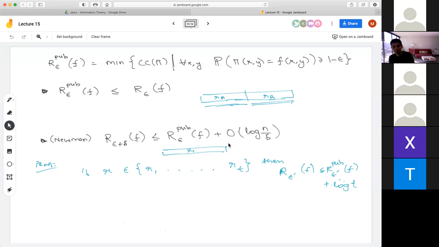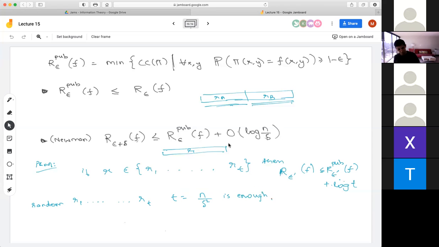And the next part, maybe I'll ask you to think about, and then we'll do this next time, is that if you randomly sample R1 to RT from whatever length strings are being used in the protocol, then T, which is maybe n over delta squared, is enough.